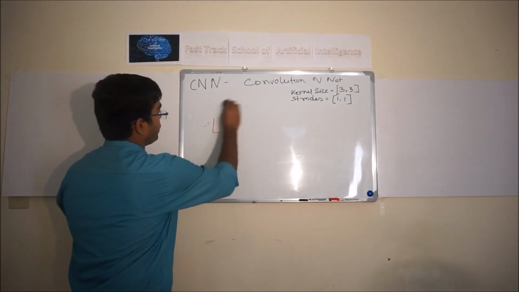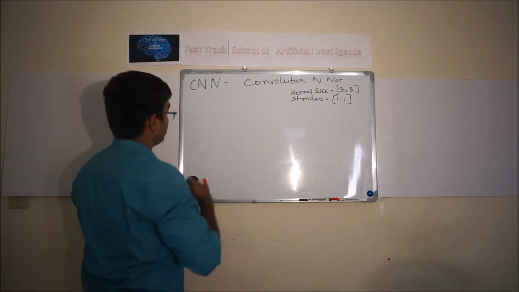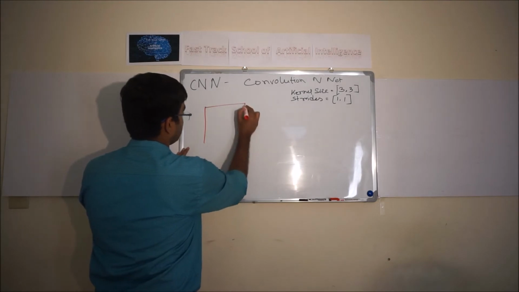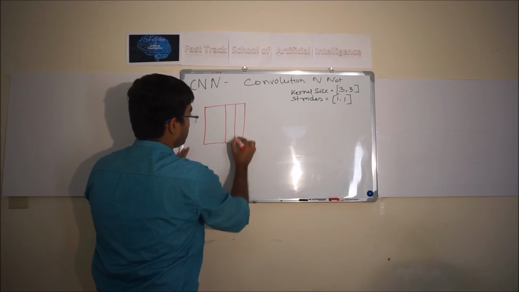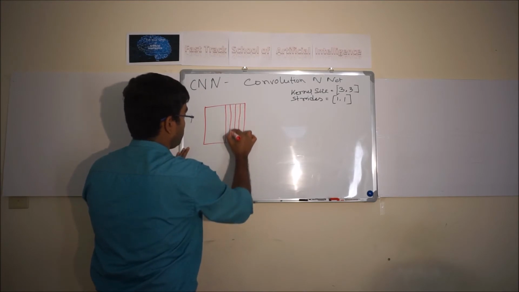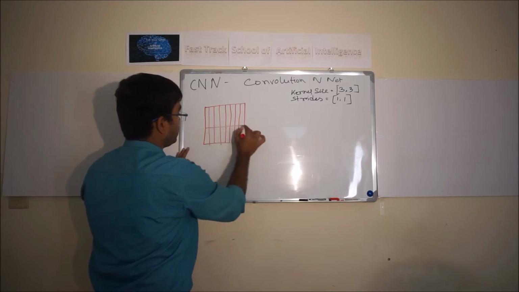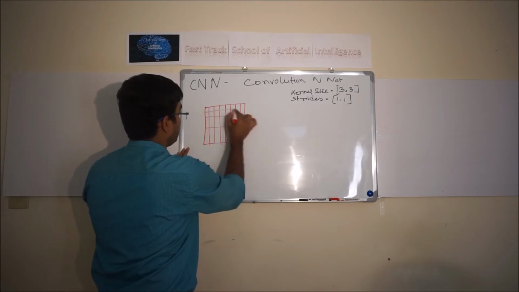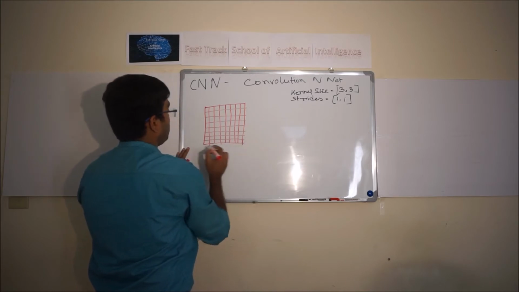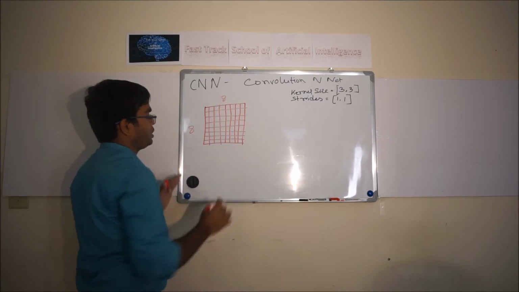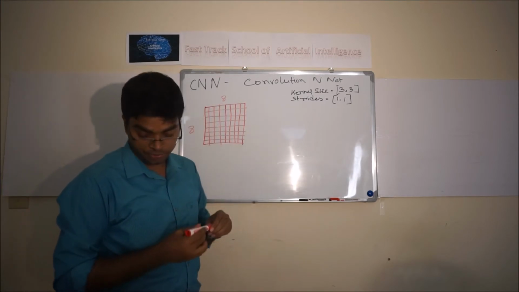Okay. So let me draw this image a little bigger, and I'm reducing the number of pixels for simplicity. Assume this is an 8 by 8 pixel image, and all these cells contain some values.